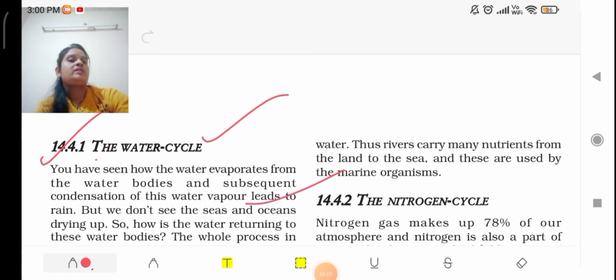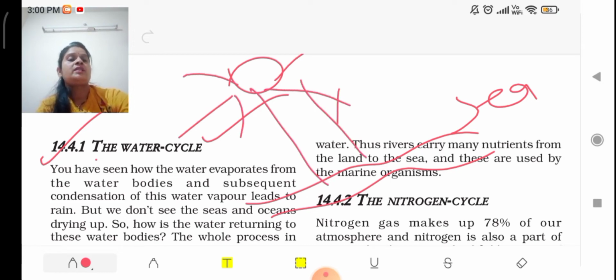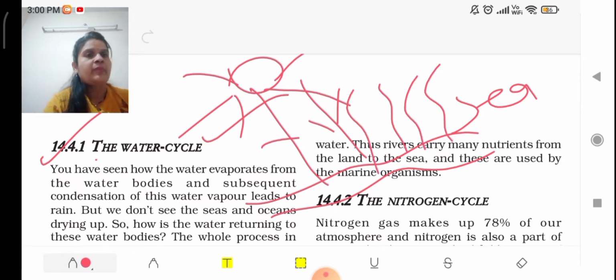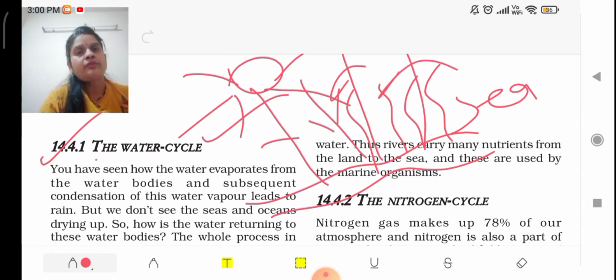Water in the sea and ocean is evaporated by the heat of the sun. Correct? By this heat of the sun, the water is evaporated and rises in the form of water vapor. This water vapor goes to a high altitude, and because of the low temperature it condenses. On condensation it becomes drops of water again and falls on the earth in the form of rain.